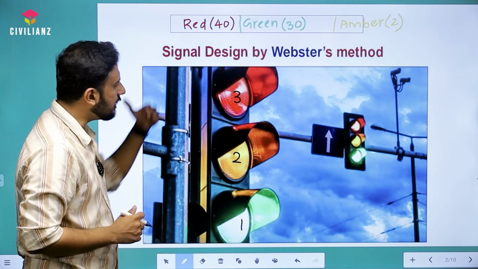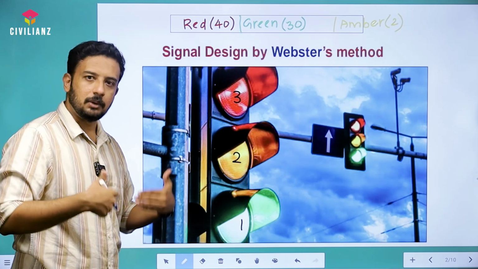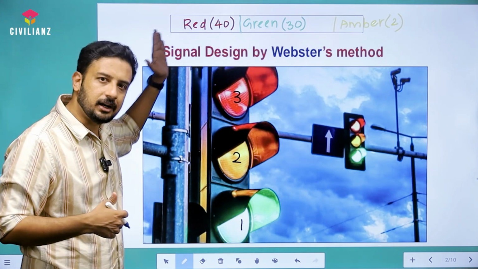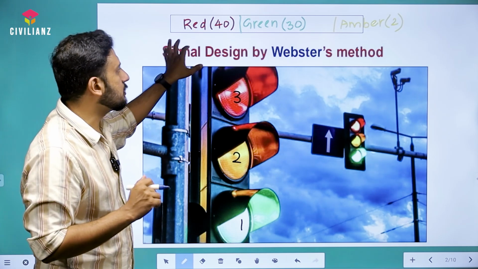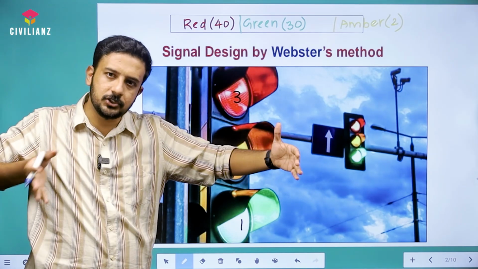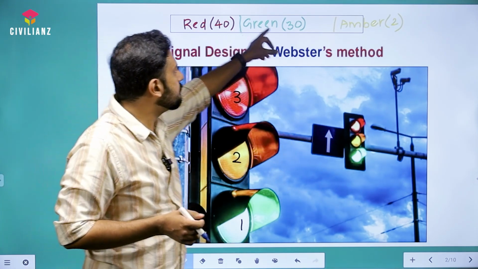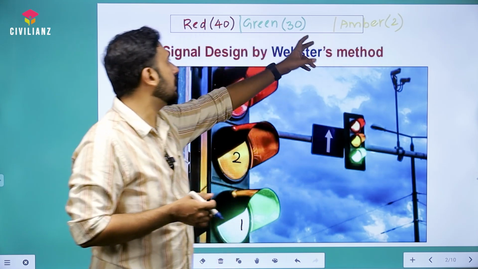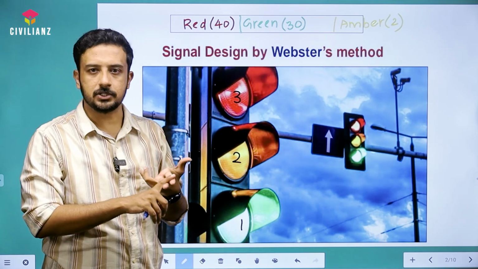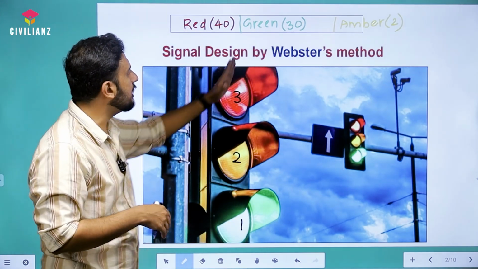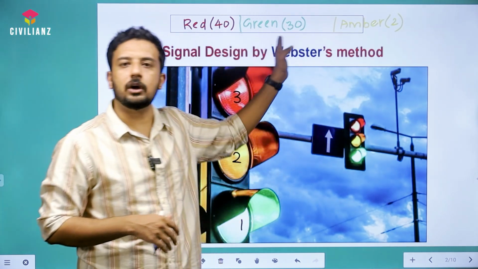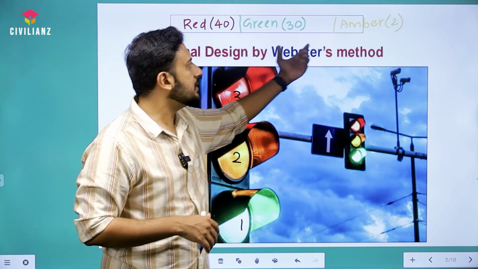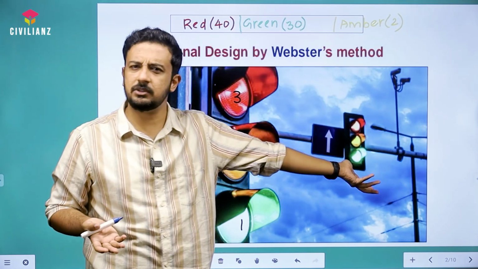Similarly, for a signal cycle, we will be considering the beginning of the red signal as the starting of a cycle. Understood? Which means this cycle will be having how much duration? 40 seconds plus 30 seconds plus 2 seconds, totally it will be 72 seconds, no? If I am taking the beginning of the green signal as a reference, then to the next green, what will be the duration? 30 plus 2 plus 40, still 72 only.